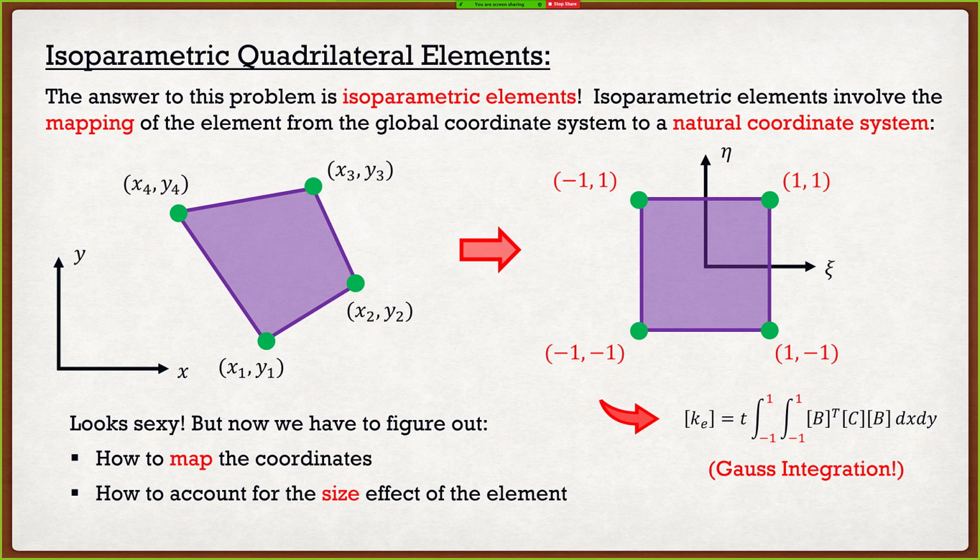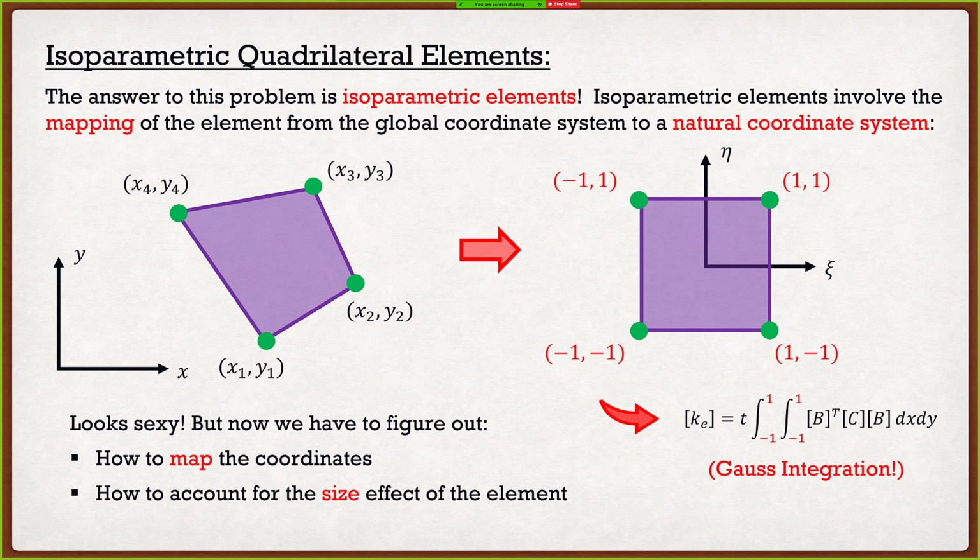Another thing we have to figure out is the size effect of the element. If I were to take a really big element, let's say that the cross-sectional area of it is 10 units. I won't get into units. We'll just say that it's 10 units. If we look at this natural coordinate system, we can see that the area of that element is always going to be 4 units. It has a length of 2 and a height of 2.